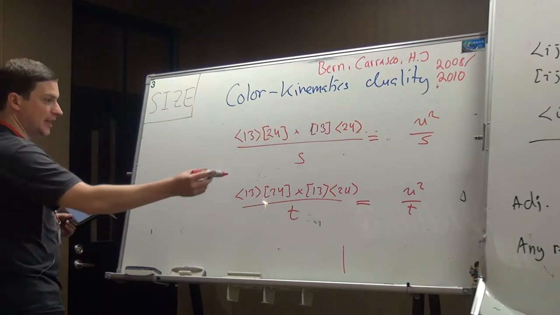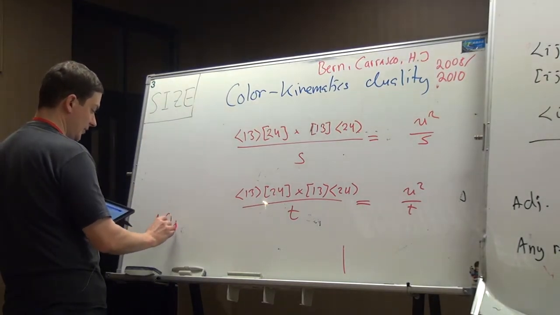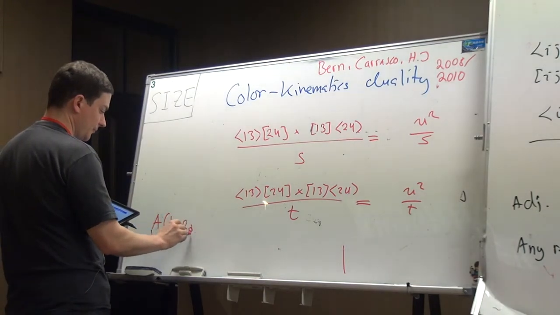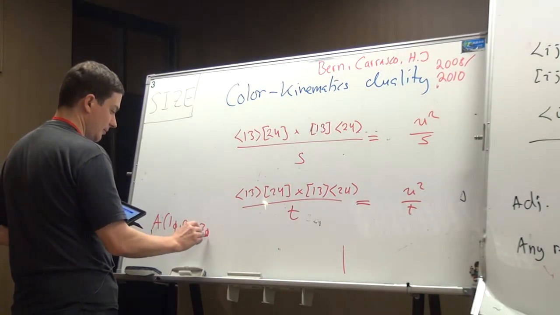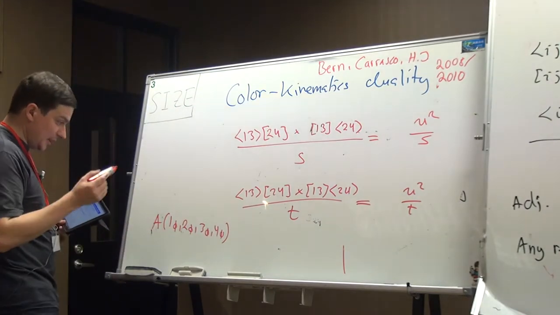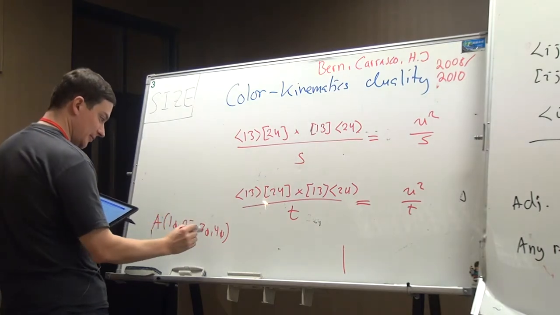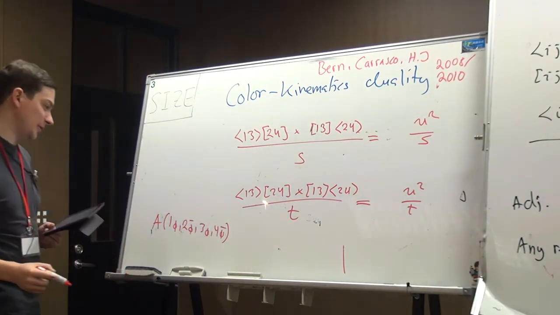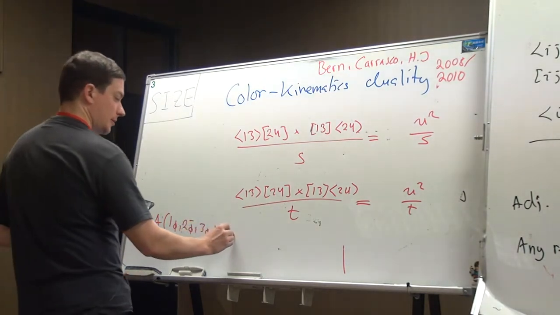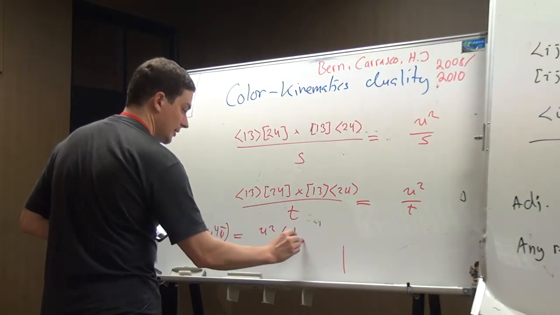So if I add these two together, I basically get an amplitude for scalars, and they're complex scalars, so in particular this is going to be the complex conjugate. So the whole amplitude is this, 1 over s, 1 over t.